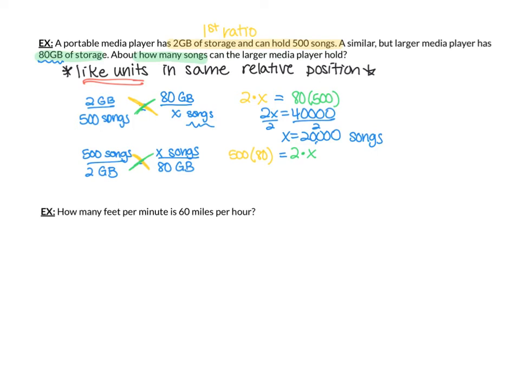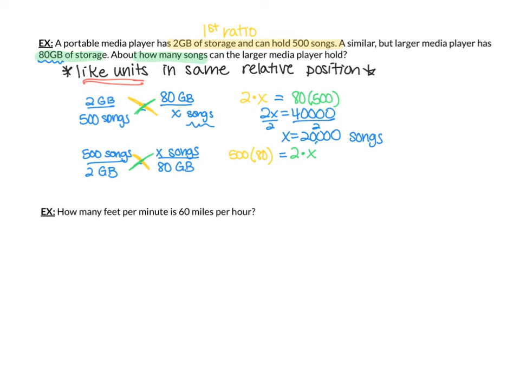Okay, here's another example of where we use proportions. You've probably seen this in science, actually maybe even in math. This says how many feet per minute is 60 miles per hour. Okay, this key phrase per, we've talked about this before. Remember, per is like division, we deal with it when we write in a division sign.